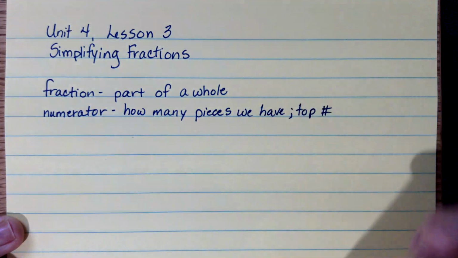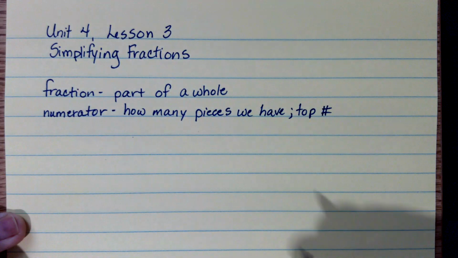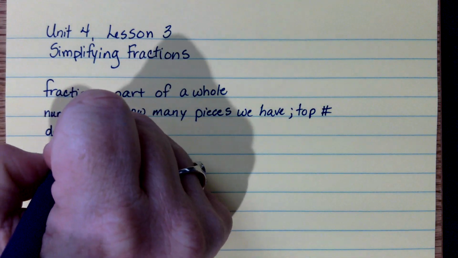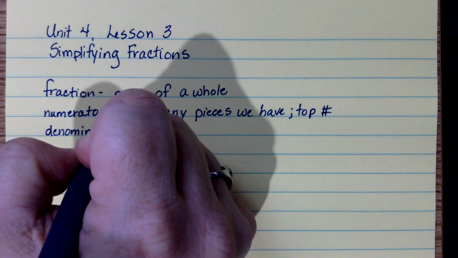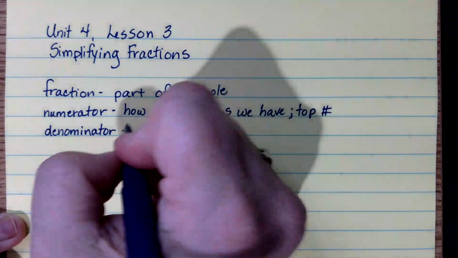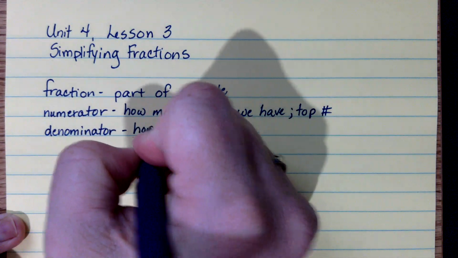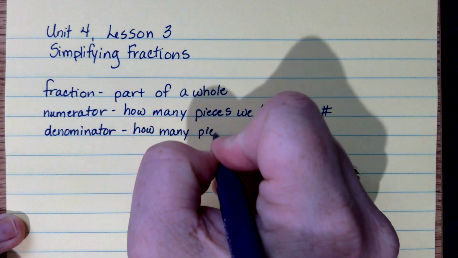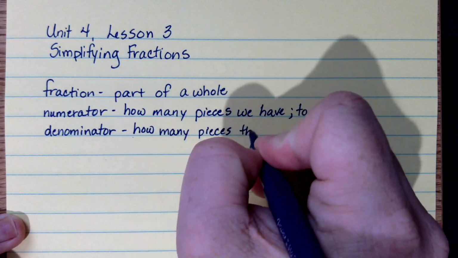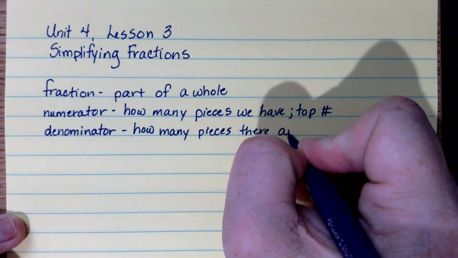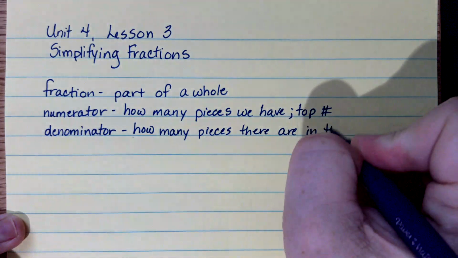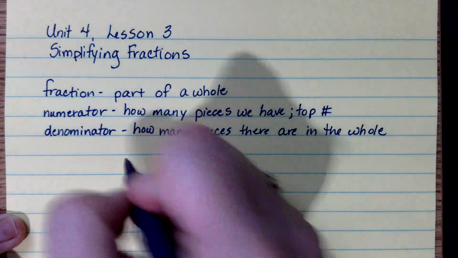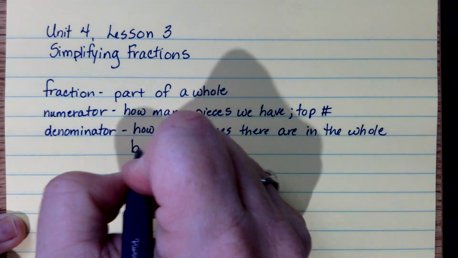Hopefully you remember down, down, down, denominator. The denominator is the bottom number of a fraction, and it tells how many pieces there are in the whole. And again, this is the bottom number of your fraction.